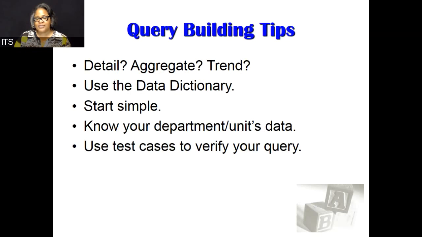But for trends, the HRO2 data set would be extremely helpful in producing trend data as of November. Since we have snapshots going back to 2001, you can see trends from 2001 up until 2017, because we're not in November 2018 yet. So those are some questions that you need to ask yourself to help guide you to where to start and what to use.